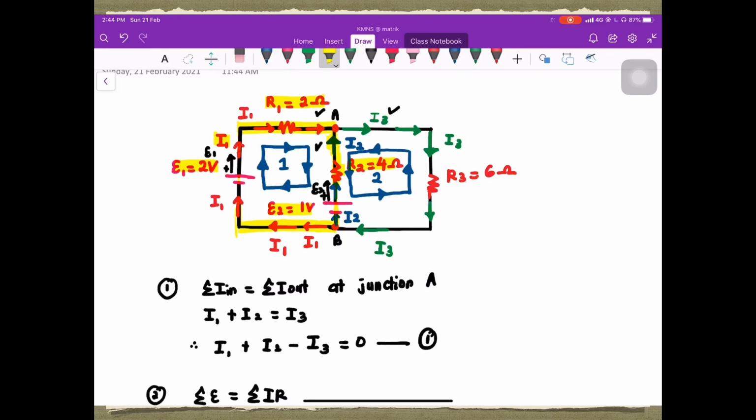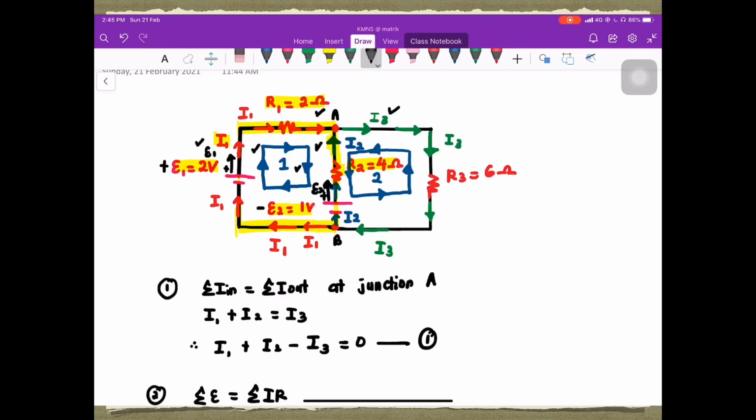Now look at the direction of EMF. This is the direction of EMF, and then compare with the nearest loop arrow. It's going upward, so this EMF is positive. What about E2? The direction is upward, but the nearest loop arrow is downward, so different direction.